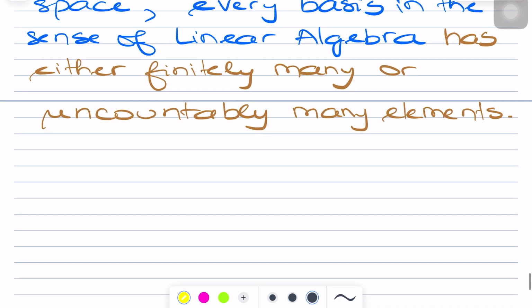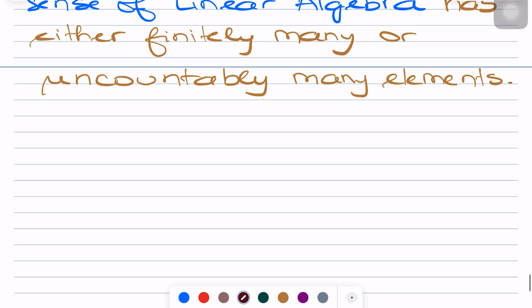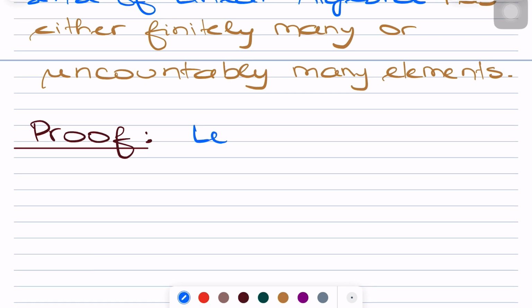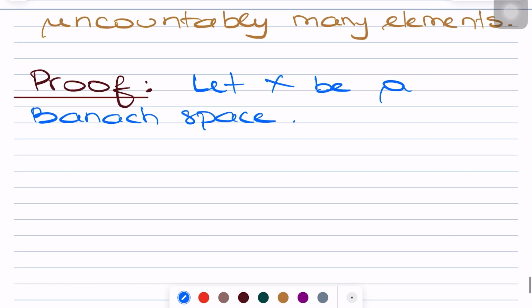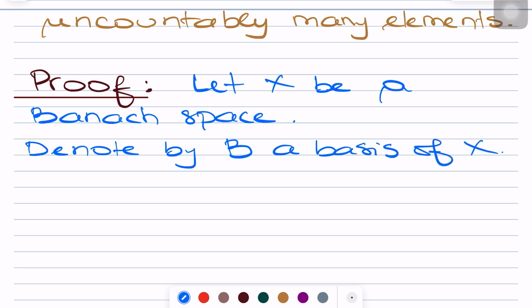Okay, proof of this corollary. Again, we will argue by contradiction. So let X be a Banach space, and denote by B a basis of X in the linear algebra sense.